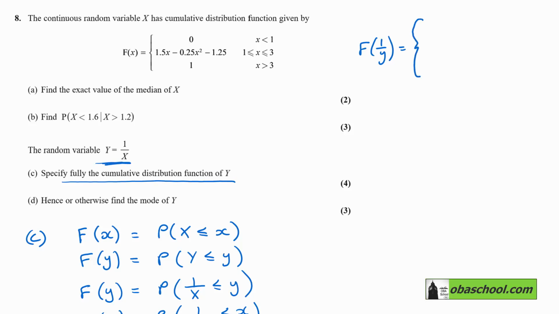Well, there's nothing too complicated about that. We've just got 0 for 1 over y less than 1.